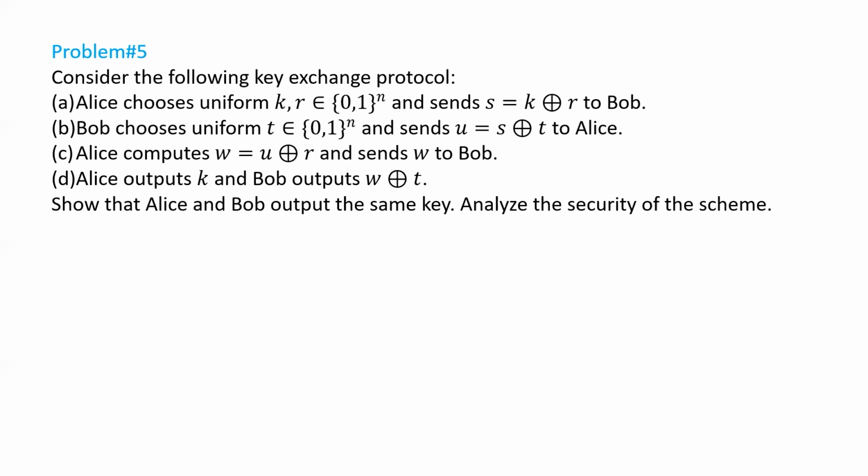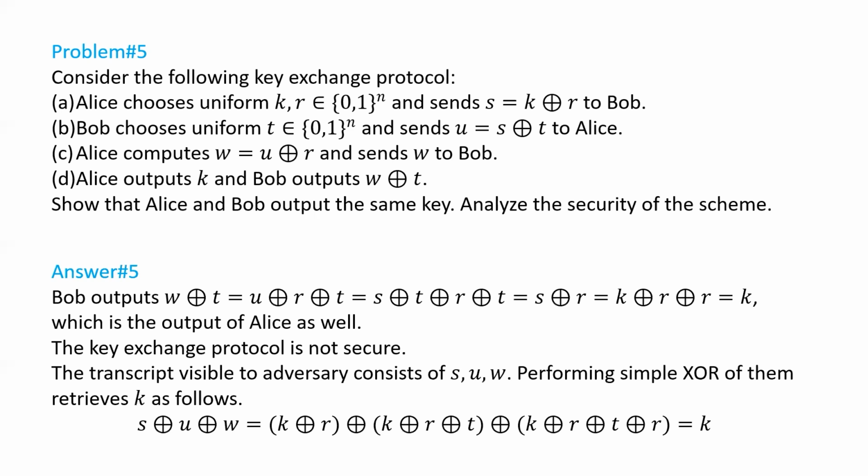Okay, let me discuss them. Just note that Alice is outputting K, that is okay. We need to check whether Bob, after this key exchange protocol has ended, produces the same key K or not.